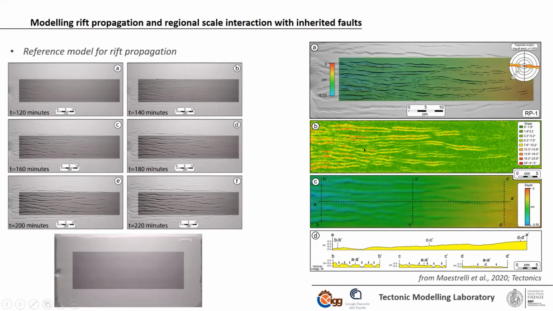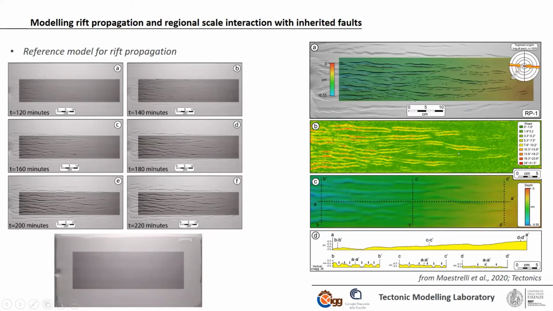If you look, for example, at the slope map, you can see that you have steeper faults in the area where the extension starts, and we have this sort of V-shaped fault pattern that propagates toward the poles of rotation. So we have a gradient of deformation that propagates from left to right.